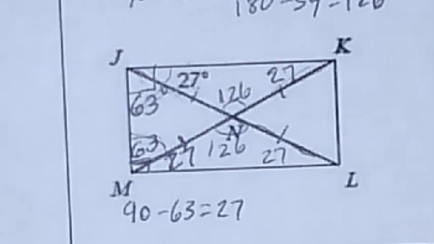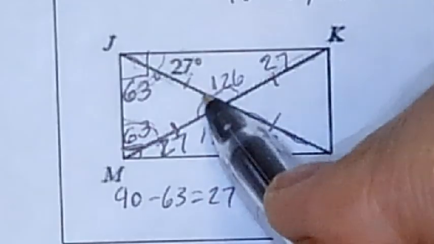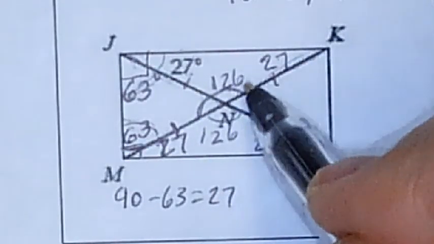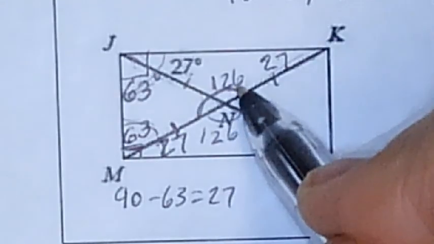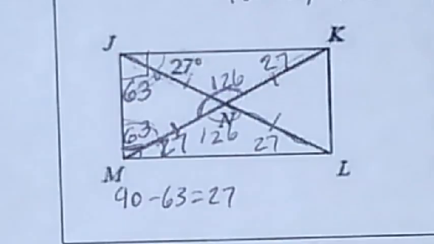Now there's one more thing. If I wanted to find this angle, right there, remember this is a linear pair. So if that's 126 from here to here, what is this angle from here to here? Again, that's 180 minus 126. We already know what that is.